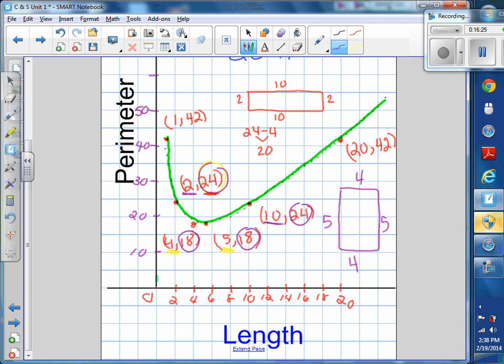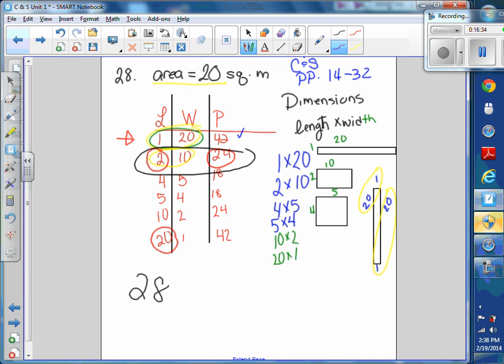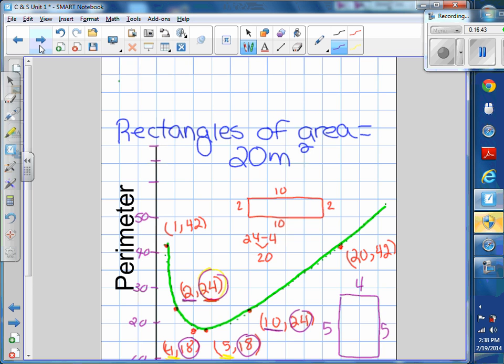So when it says describe how you can use the table, that's what we're doing right now. We would look at this. We use the table to find the rectangle with the greatest perimeter. We look for the biggest number. And then it says describe how you would use the graph.